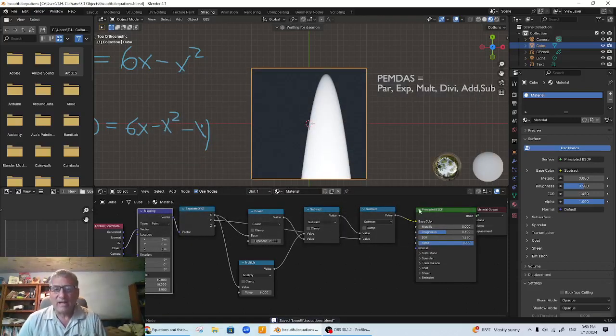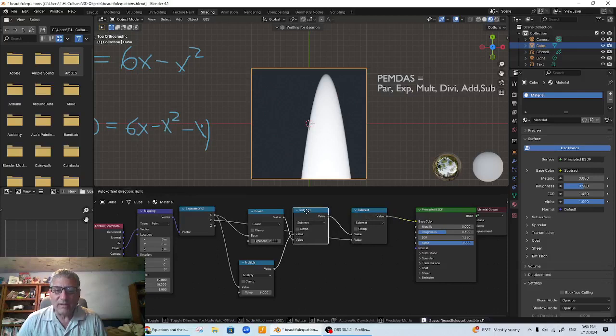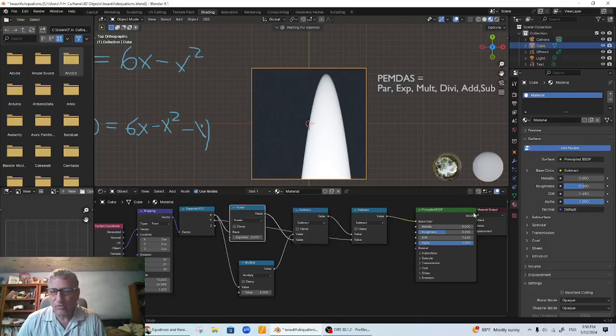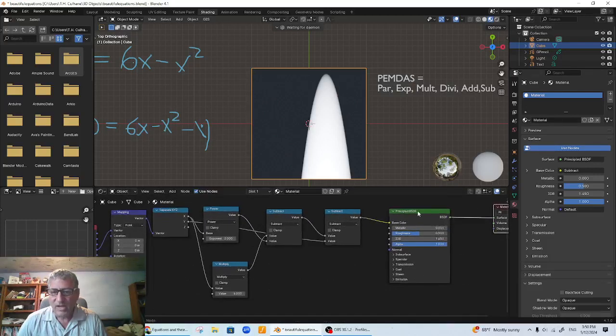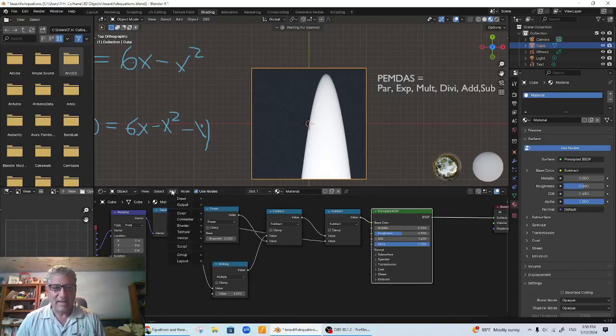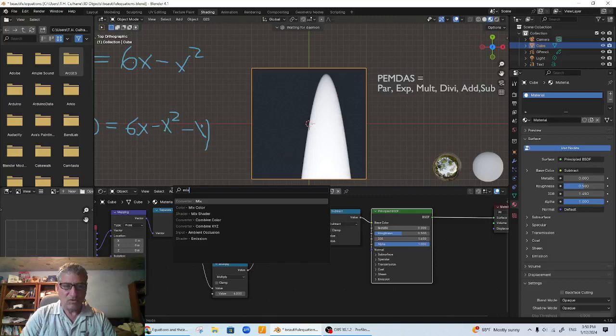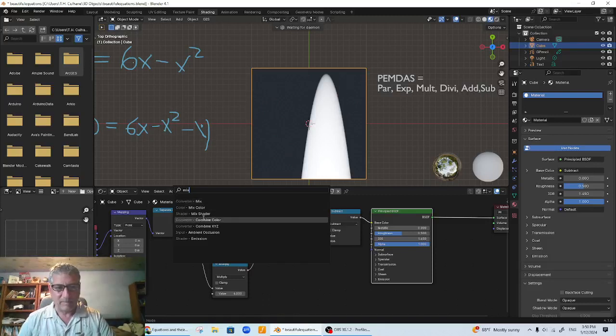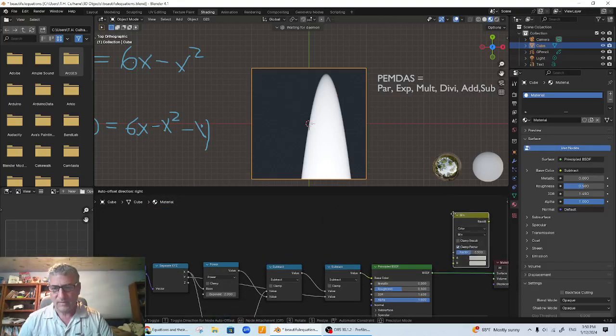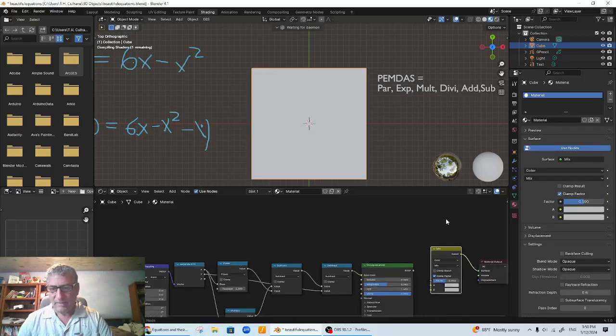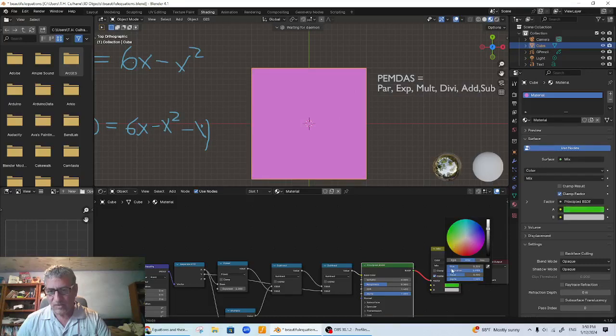Once I have that, of course, black and white is so passé, it is so retro, so 1950s. It is interesting to come in here and add a mix node. Is it a mix color node? Yeah. Add a mix node and then bring that figure into the factor and then change the colors.